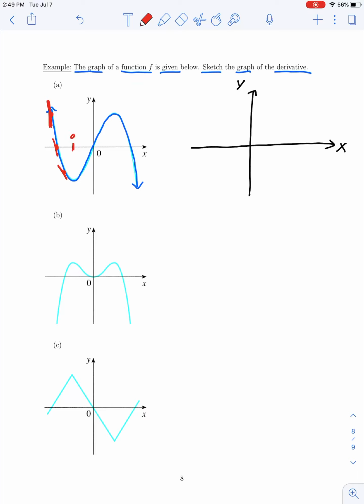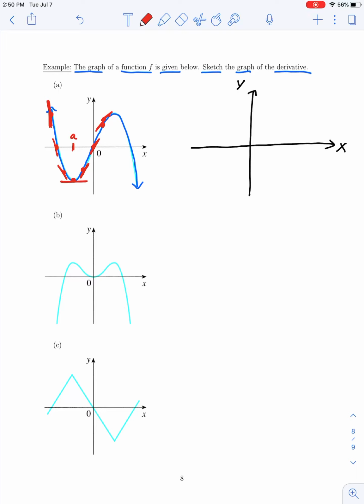Let's maybe call this point A. And I see that at this point on my curve, my tangent line would be horizontal. That is, I have a zero slope for the tangent line. And as I keep moving from left to right along the x-axis, now I get a tangent line where my slope becomes positive. And as I increase the values of x, I'm getting positive slopes, which are starting to flatten out a little bit.